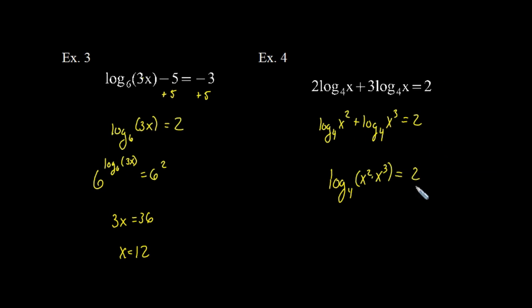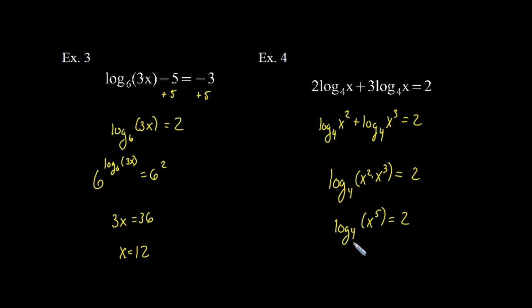Notice we haven't done anything to the right-hand side at all. We're just combining these logarithms so that we end up, just like we were working the first problem, with a single logarithm that we can now exponentiate both sides and end up with an equation that we can solve for x.